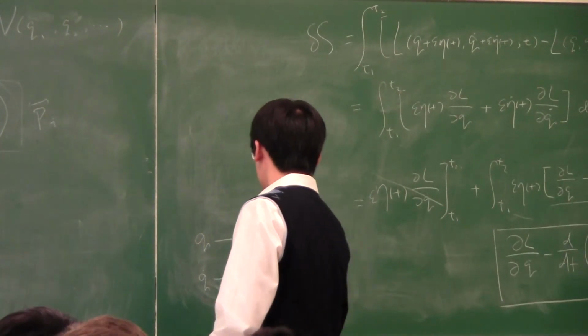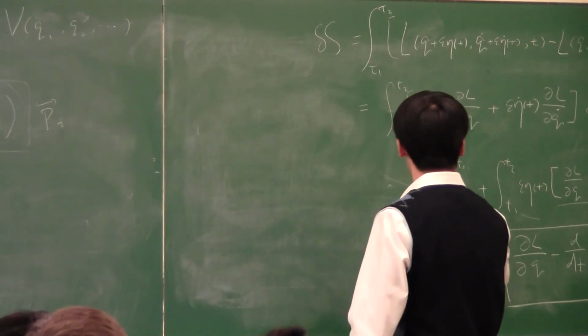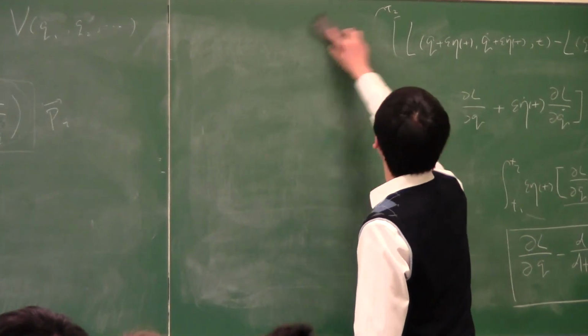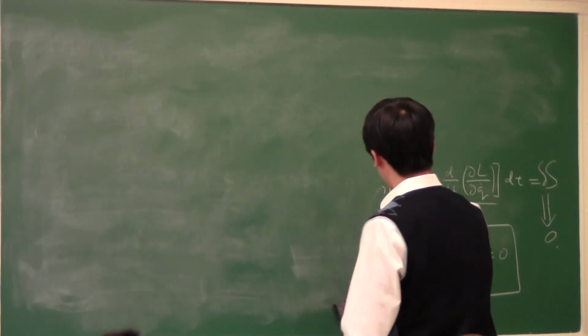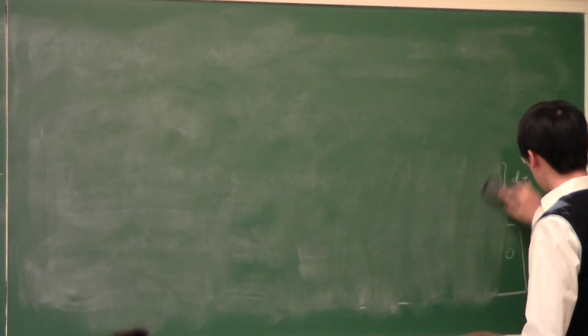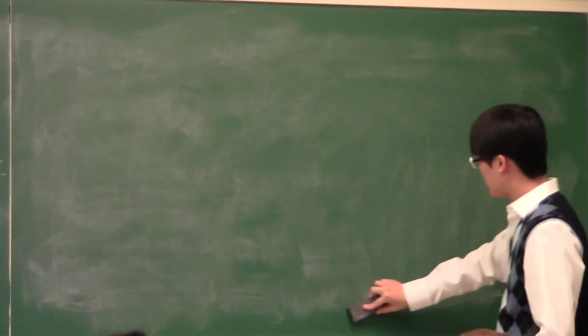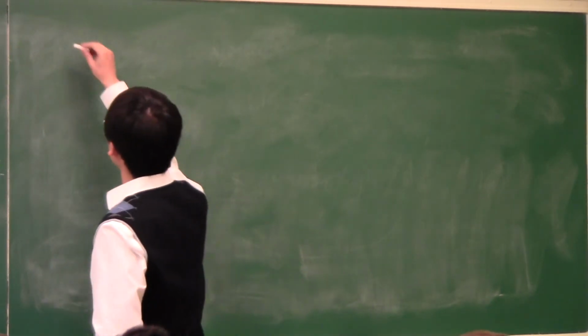So the Hamiltonian formulation can be derived directly from the Lagrangian. For this, let us consider the total time derivative of the Lagrangian, and let's say for simplicity that the Lagrangian is time independent.